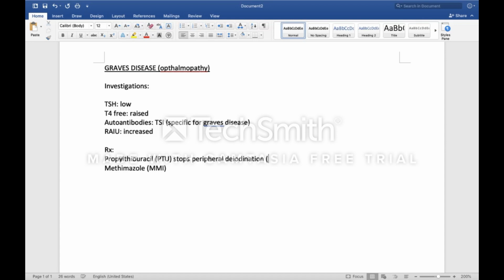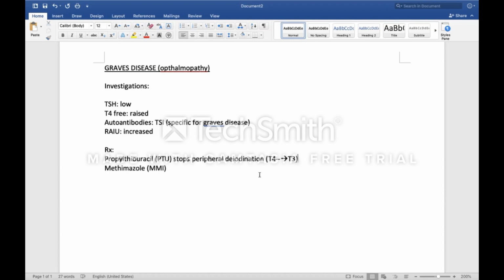Simply, it stops T4 from converting into T3. So in the peripheral tissue, this drug stops the conversion of T4 to T3.